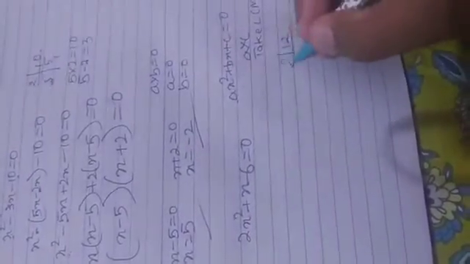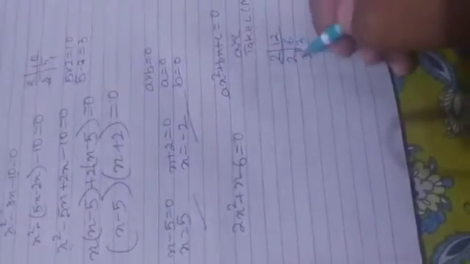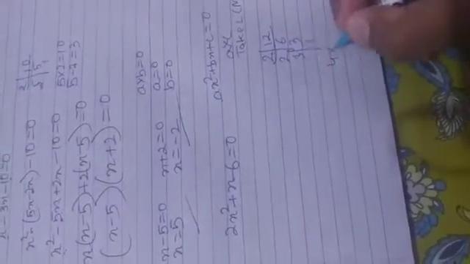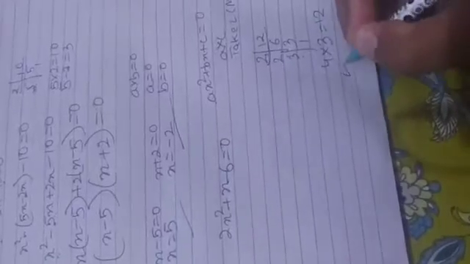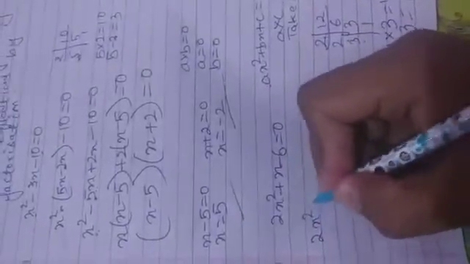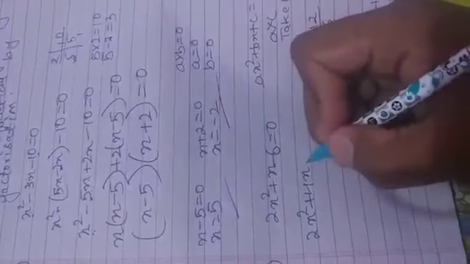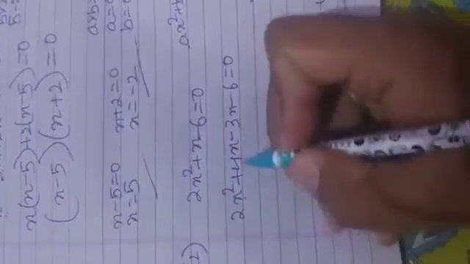Now we will take factors of 12. Now see, 4 and 3 make 12. It means 4 into 3 is 12 and 4 minus 3 is 1. And here we want 1 only. So we can write 2x square plus 4x minus 3x minus 6 is equal to 0, as 4x minus 3x will give us x. Now see the common terms.